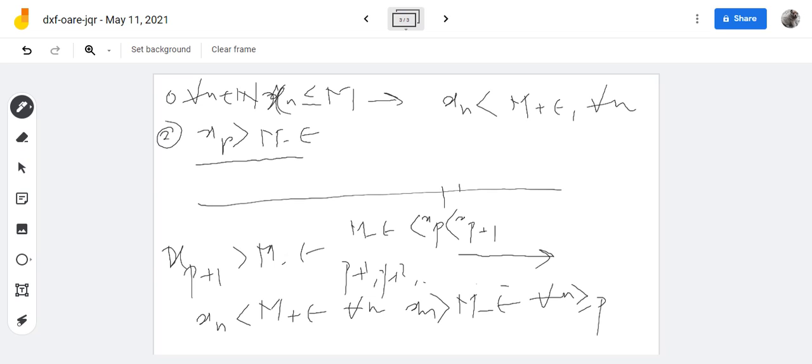You can check in your book, the PDF file, where it is given and written as less than, but it is greater than. You can rectify that one. So what we got is that xn is less than M plus epsilon for all n, and xn is greater than M minus epsilon for all n greater than or equal to p.